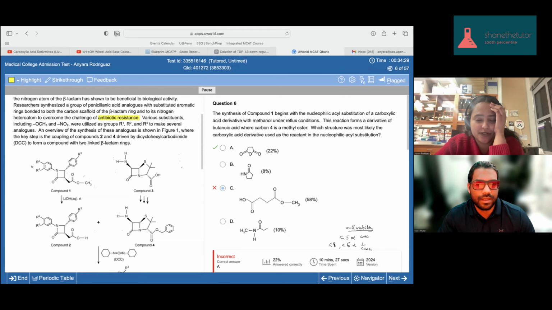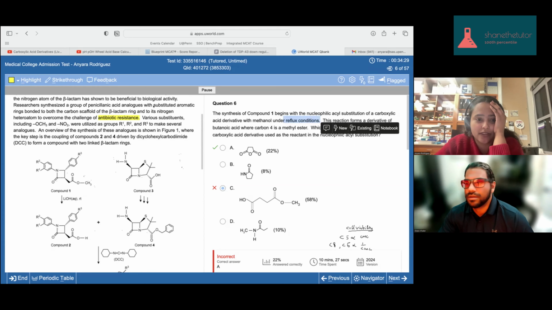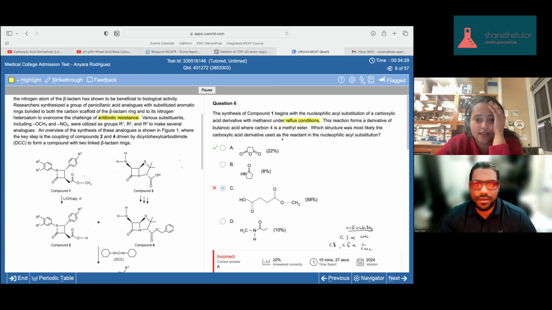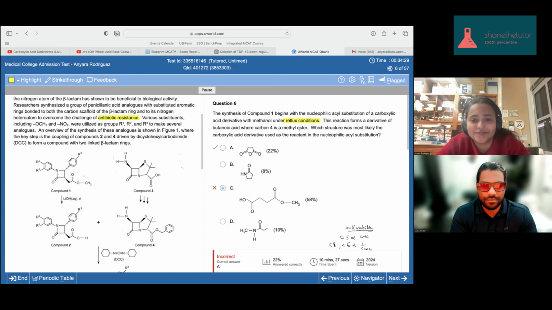Okay. So it says that they did a substitution reaction of a carboxylic acid derivative with methanol under reflux conditions. I'm confused. I don't really know what they mean here. I don't know.